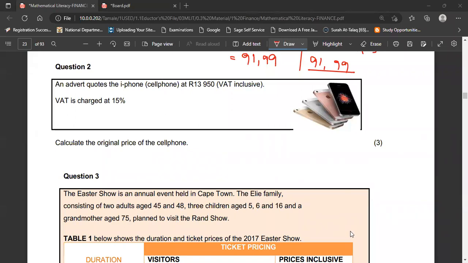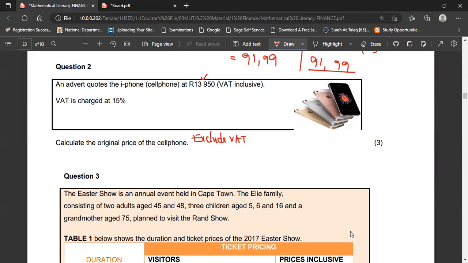An advert quotes the iPhone at 13,950 VAT inclusive. Simply meaning this price already has VAT on it. So they say calculate the original price. What do they want us to do? They want us to exclude VAT, which will be 13,950 divided by 1.15. Please take note of that.